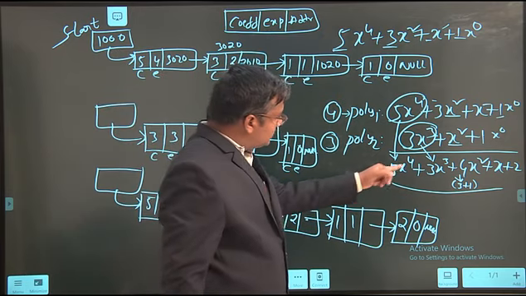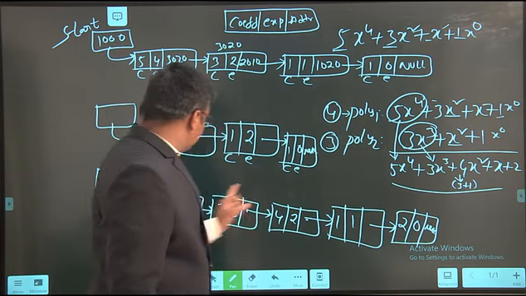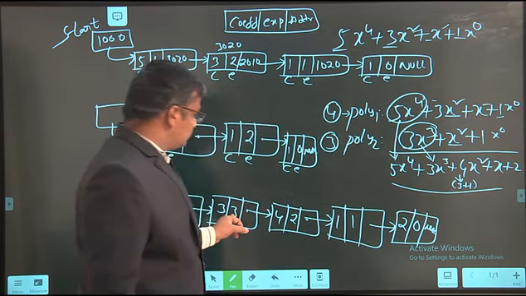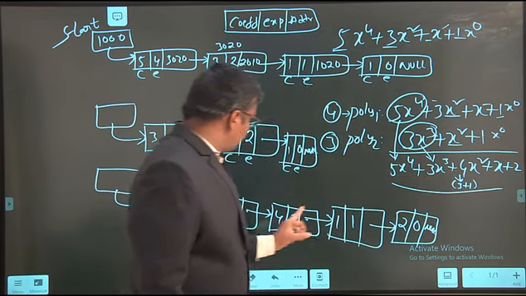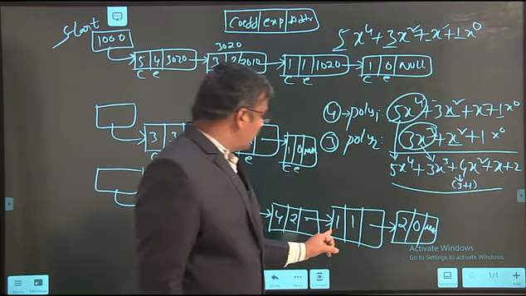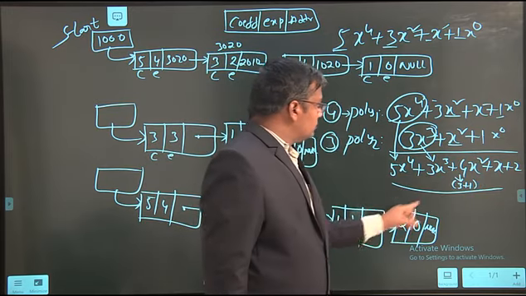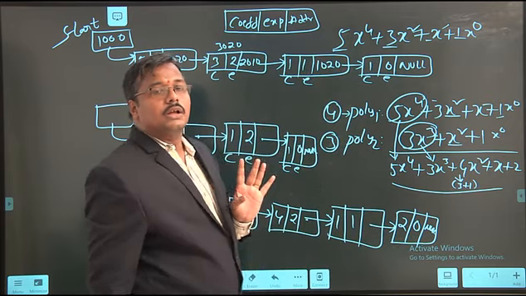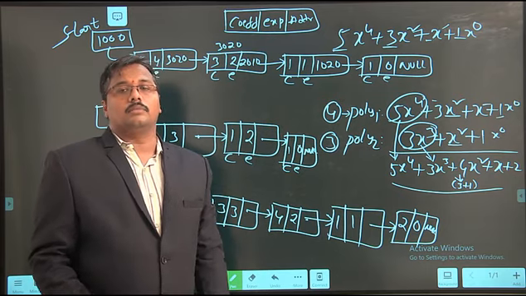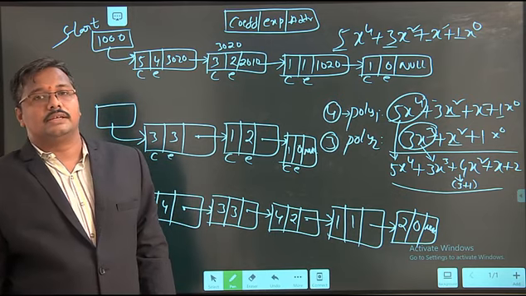Just observe whether this is the same. Coefficient 5, exponent 4. Coefficient 3, exponent 3. Coefficient 4, exponent 2. Coefficient 1, exponent 1. Coefficient 2, exponent 0. So, this is the algorithm we define for performing addition operation between two polynomials.